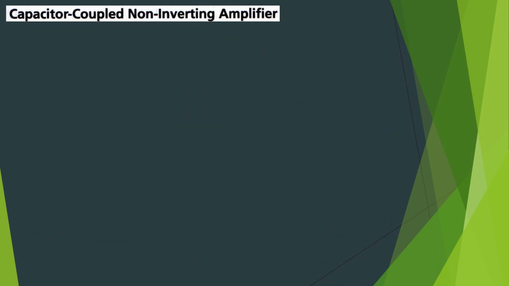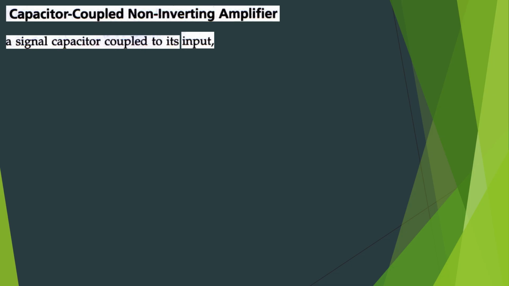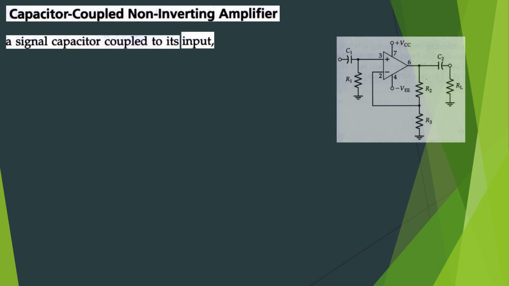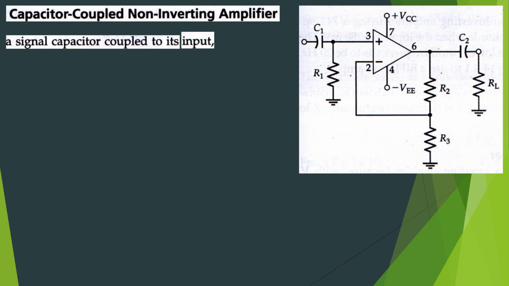Next we have the capacitor coupled non-inverting amplifier. Here a signal capacitor gets coupled to its input. So this is the capacitor at the non-inverting input terminal.